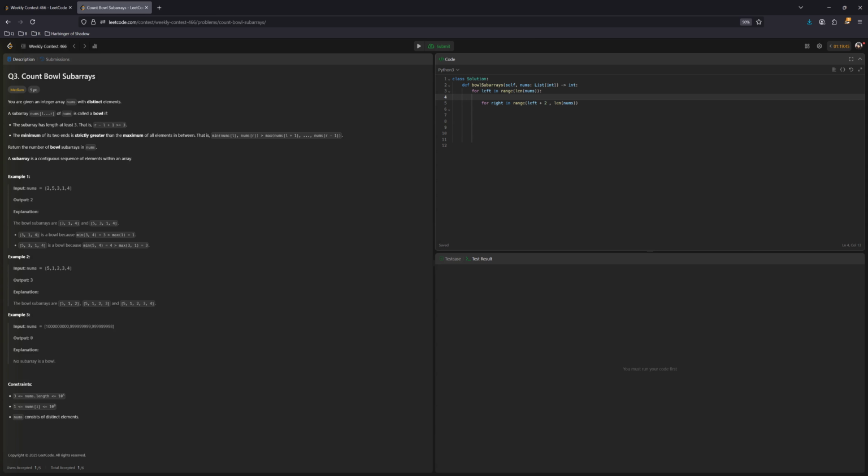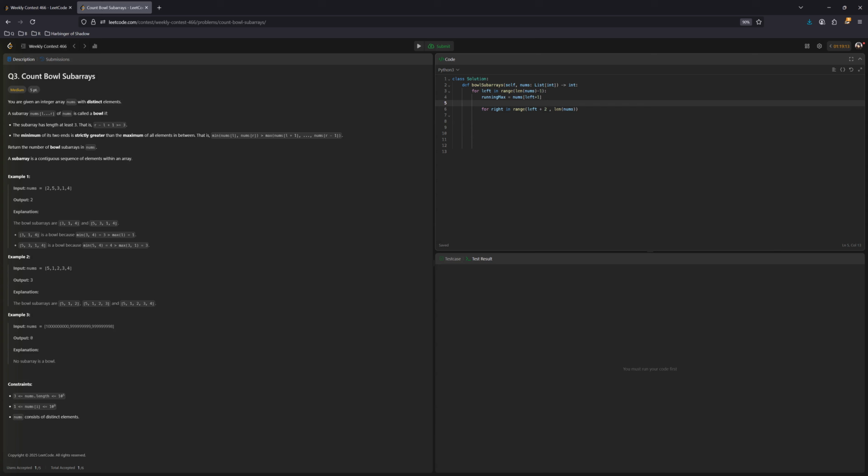Now the only way that it being bigger could be okay is if the ones in the middle are all smaller. So running max equals length of nums minus 1, I guess. Yeah, equals nums of left plus 1.